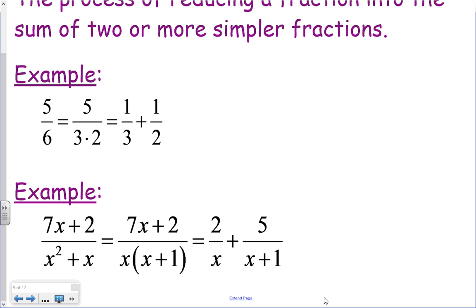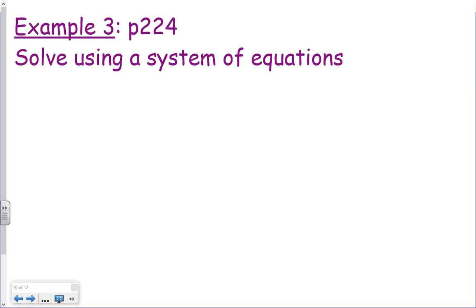All right, so how exactly do we do that? Let's go through an example here. Take a look at example 3 on page 224. We're going to use the technique of solving this using a system of equations. Example number 3 on page 224 says to resolve into partial fractions this expression right here.